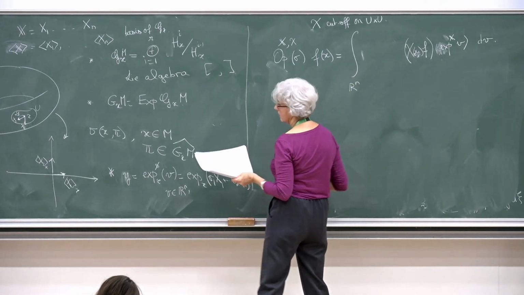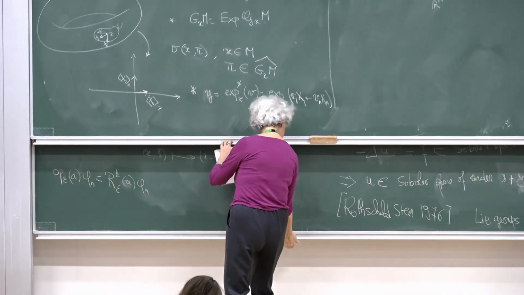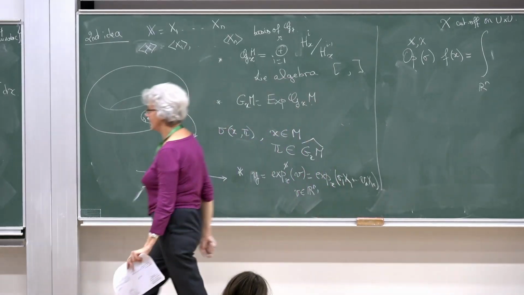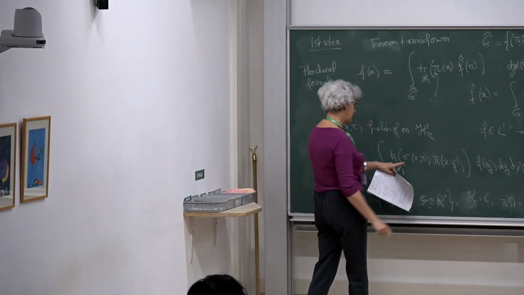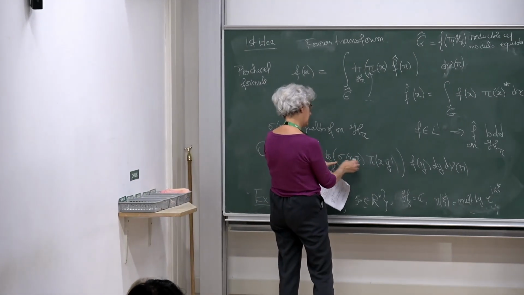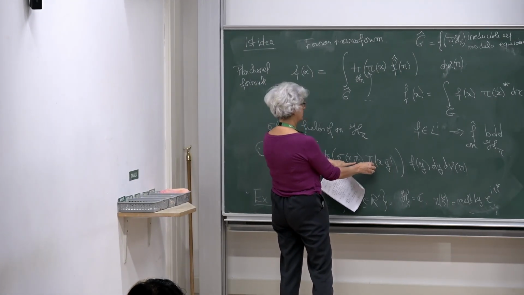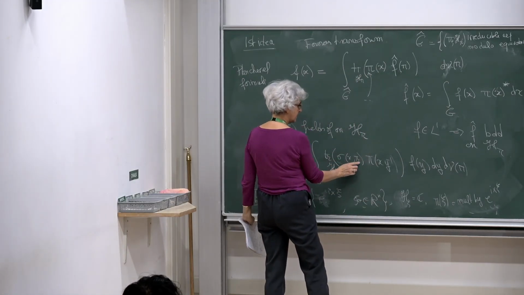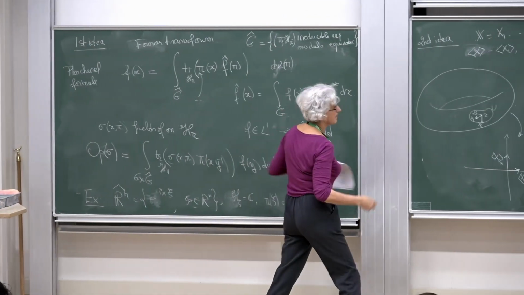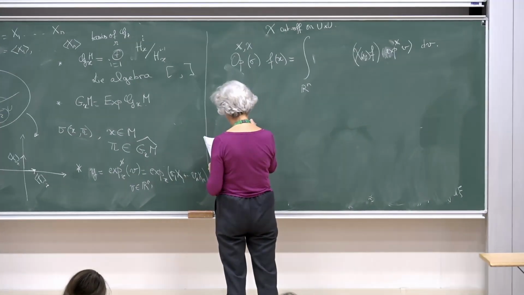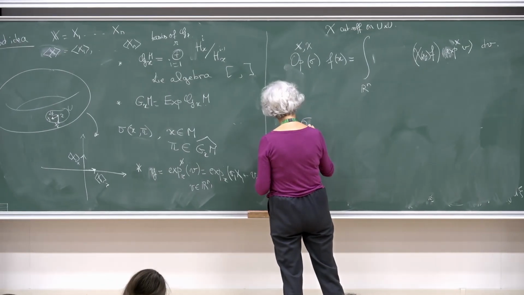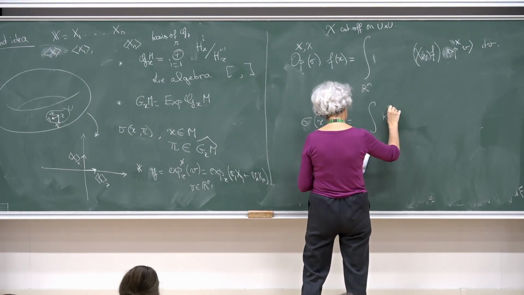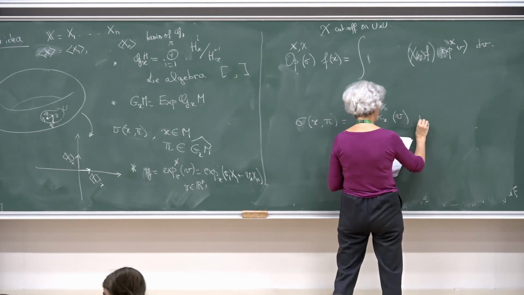If I look at my formula that I had before, you see that what is playing a role here is in some sense the inverse Fourier transform of sigma, because this is the trace of pi of sigma. When I fix the x and I integrate in pi, I'm doing a sort of inverse Fourier transform. So I need a last function that I'm going to write, such that my sigma of x, pi is the inverse Fourier transform of some kernel.